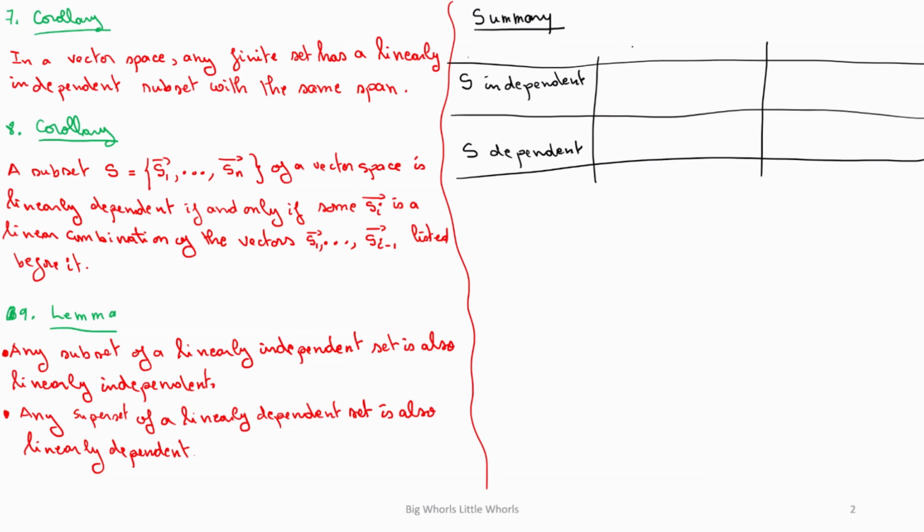And let's suppose we have S hat, which is a subset of S. Since S is already independent, any smaller set taken from S, any subset of S, is going to be independent as well. S hat must be independent.